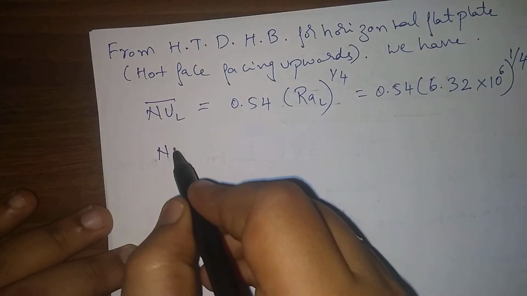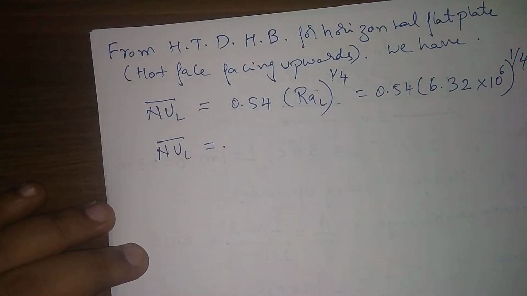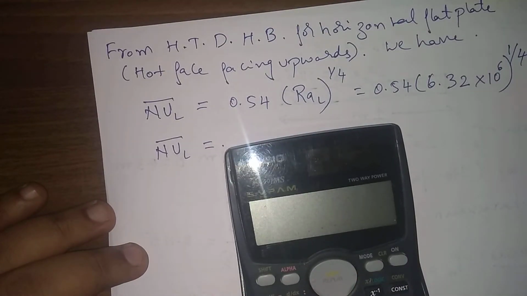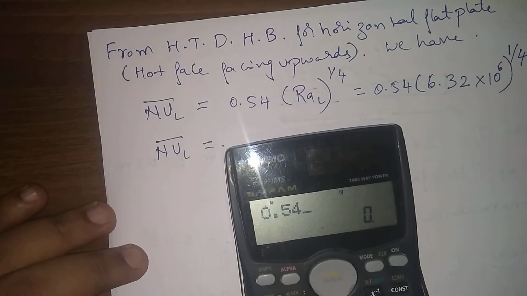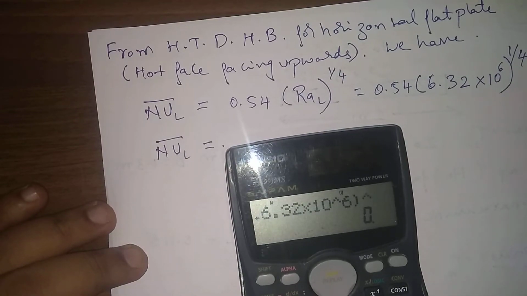Now if you try to calculate that, let me just use the calculator here. 10 to the power of 6 to the power of 0.25.